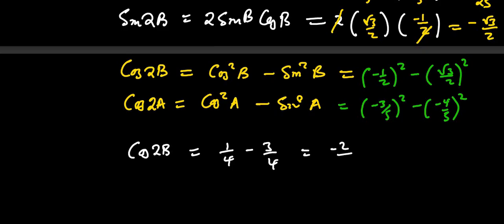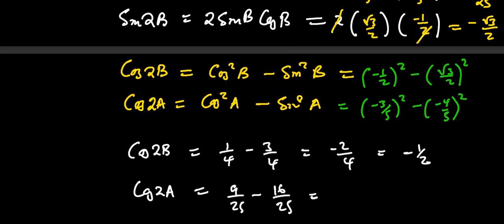This will just be negative 2 over 4, which is just negative half. Then cos 2A is 9 over 25 minus 16 over 25. That's going to be negative 7 over 25.